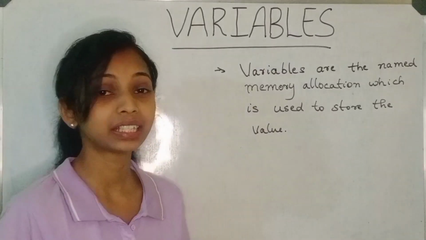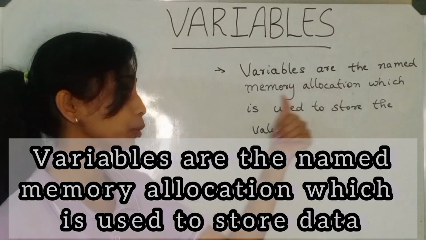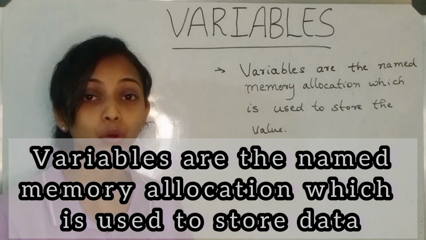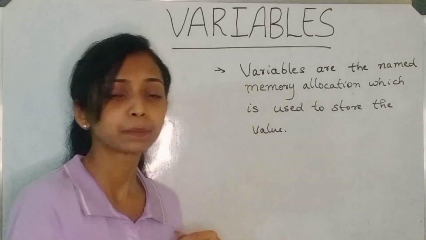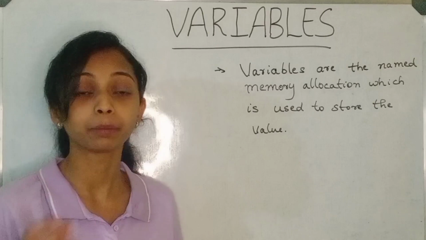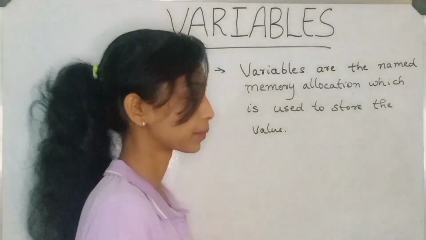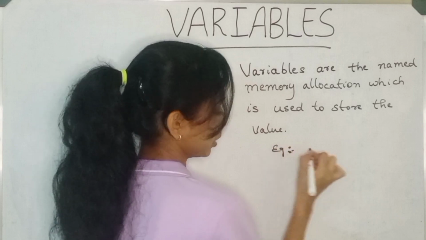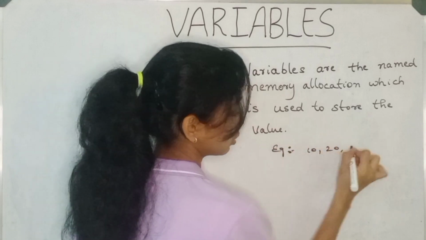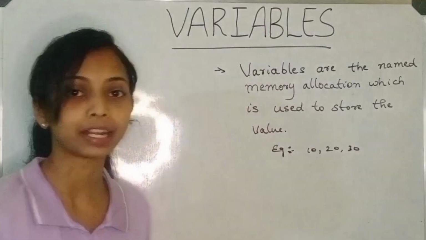So we can easily tell that variables are the named memory allocation which is used to store the values or the data. How can variables be stored in the memory, or how can the memory have a name? Let us discuss. For example, we have the values 10, 20, 30 on which we need to perform some addition operation.